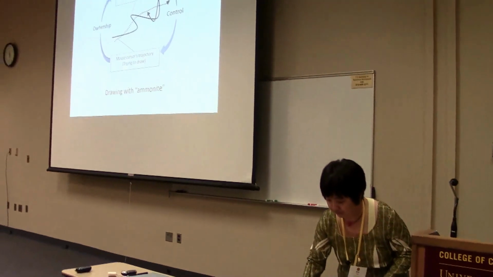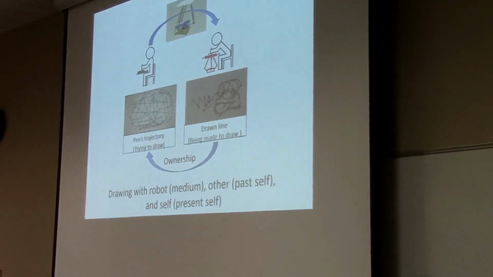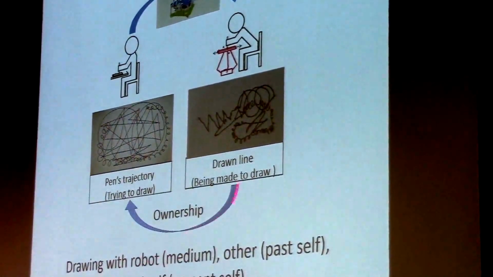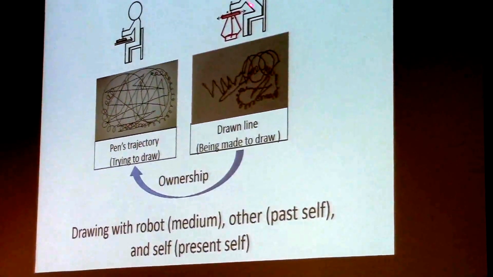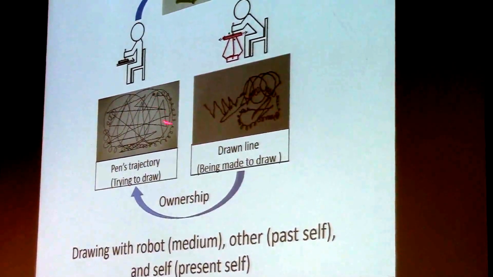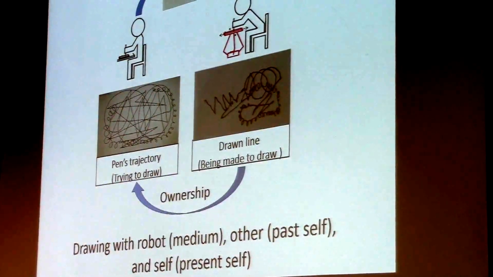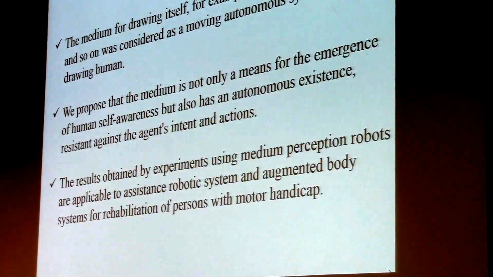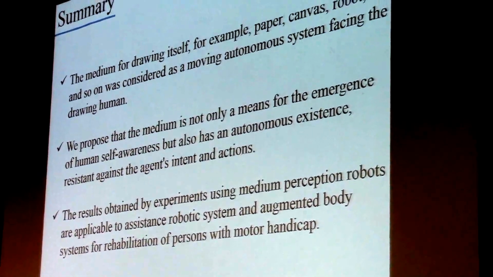So in this intermediate perception robot system, the situation is summarized like this sketch. The drawing with the robot. He was drawing with the robot and the other, or past self and self. So the summary of this study is like this.